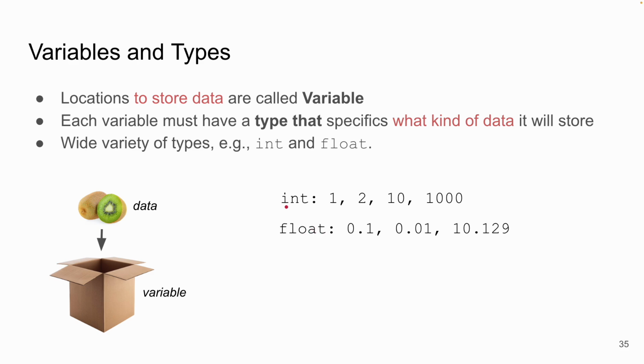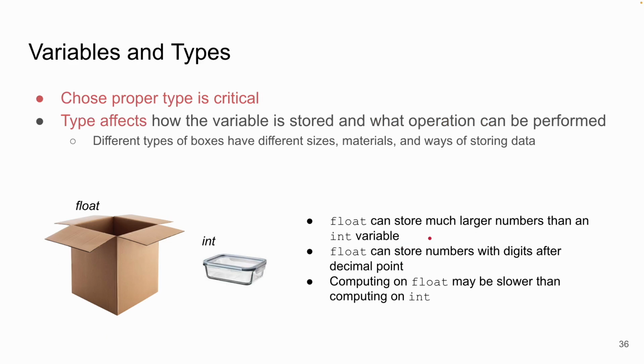So here we have two types, int and float. Floats are values with a decimal point, and all these values are called floating point values. It is very important to choose the proper type based on what type of data you want to store inside the variables, because the type will influence how the data is stored inside the variable and what operations, what kind of calculations, we can apply on the variables.